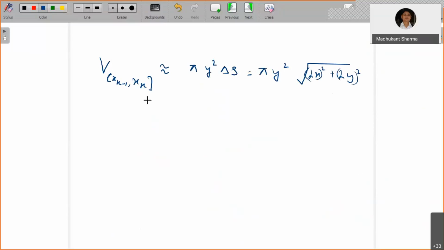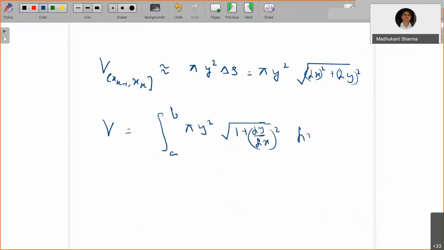Now if you want the integration over the entire interval a to b, this is a continuum case, so you are going to apply the limits, because you can take the length as small as possible. Then the total volume is the integral from a to b of pi y square times square root of 1 plus dy by dx whole square, dx.